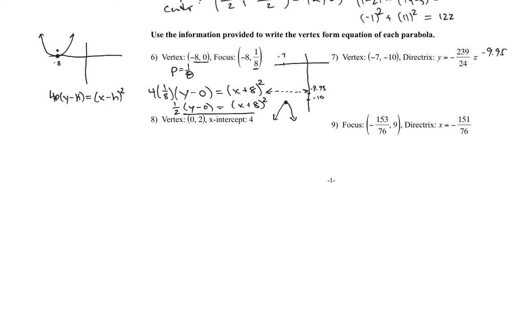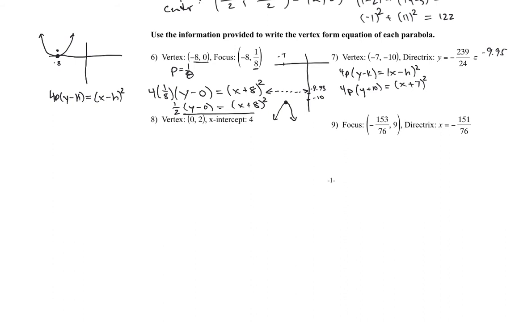So we know that we're going to be choosing the 4P form, just like last time, but this one's opening down. 4P times (y minus k) equals (x minus h) squared. Now I can already plug in the vertex and almost have the entire equation done except for P. We know y minus -10 equals x minus -7, squared.